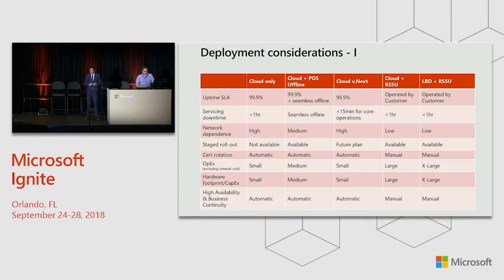Beyond that, when we talk cert rotation and hardware footprint and things like that, it really comes down to what your client-side store looks like. You could be as much cloud-only as possible, but still have hardware that's very impactful and difficult to maintain and support on premises. So it's that give and take of what you are trying to achieve.